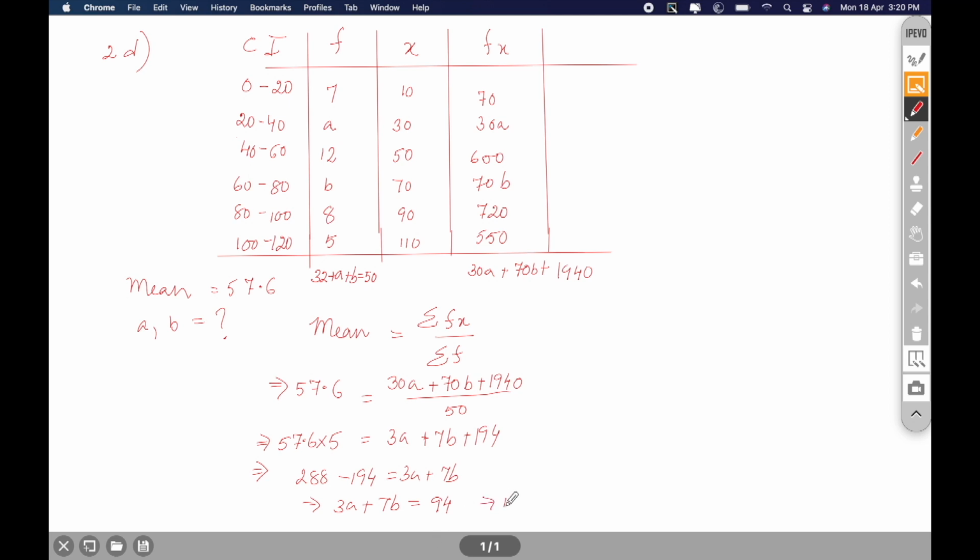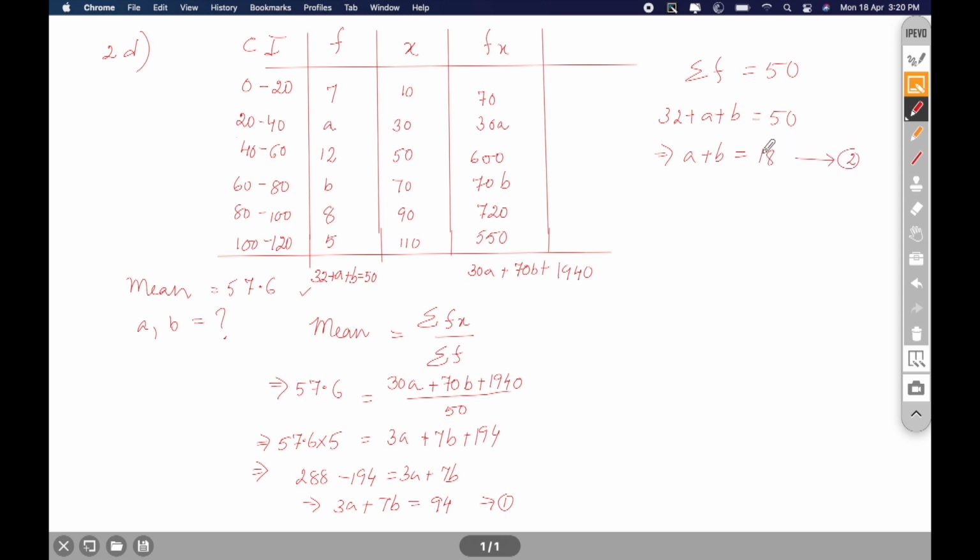This is equation 1. Now summation f is 50, that is sum of the frequency. So this is 32 plus a plus b equals 50, giving us a plus b equals 18.